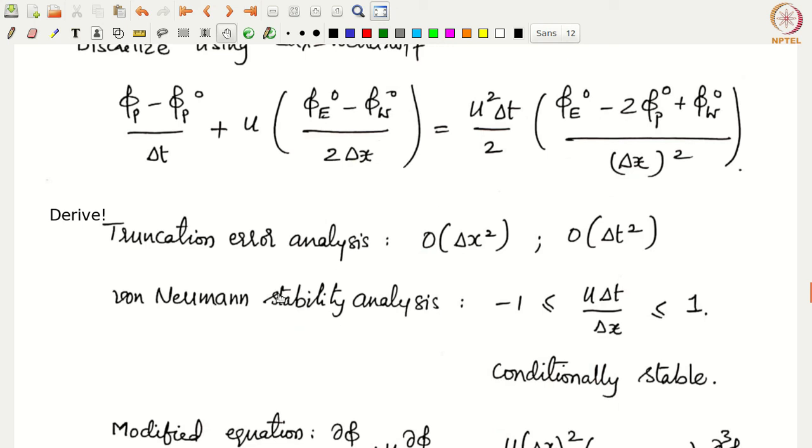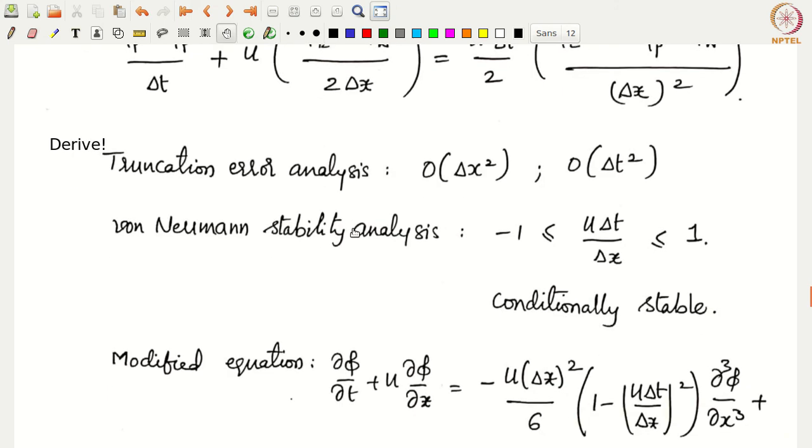Now if you perform von Neumann stability analysis for this Lax-Wendroff scheme, what you get is that u delta t by delta x, the CFL number, has to be between -1 and 1. So it only gives you conditional stability. That means you have to choose your delta t such that it satisfies this condition, and if you can choose it that way, then the method would be stable.